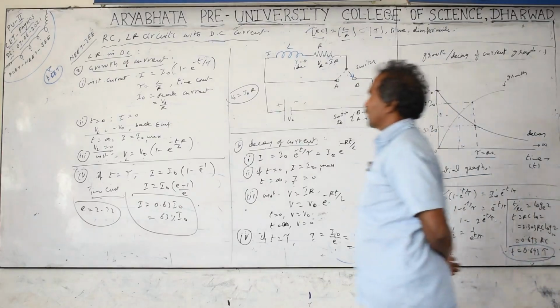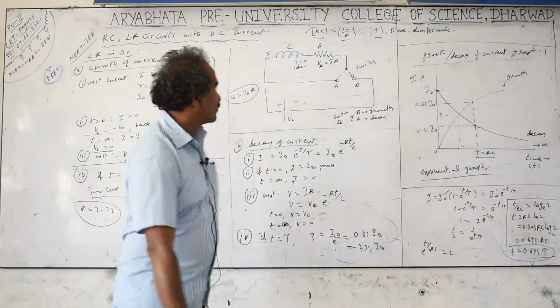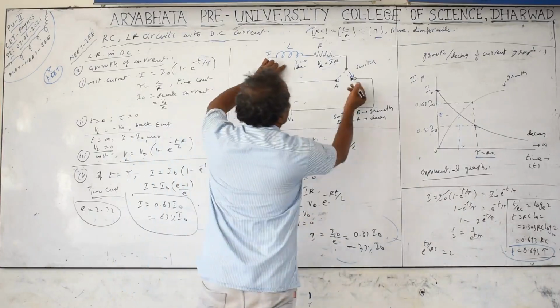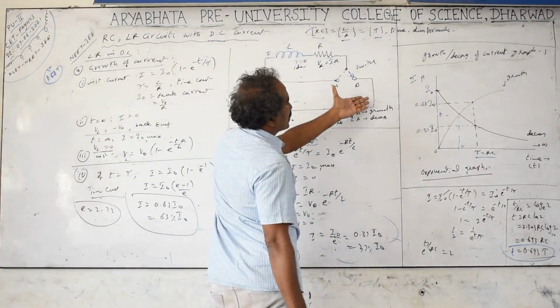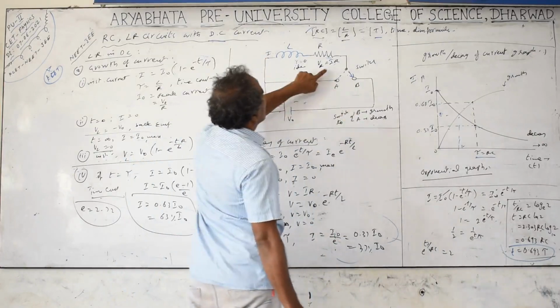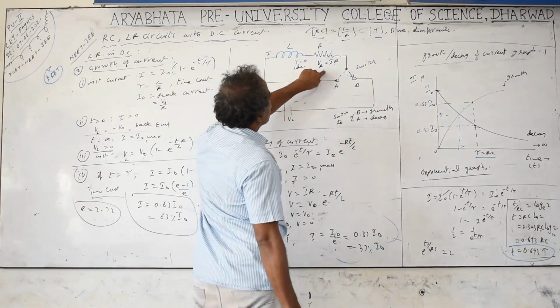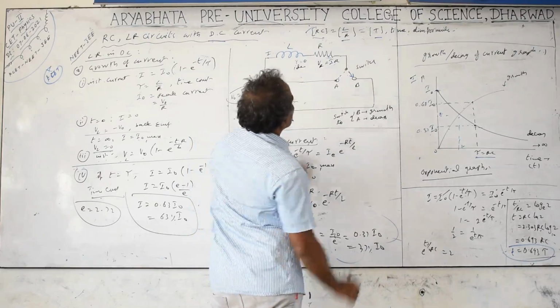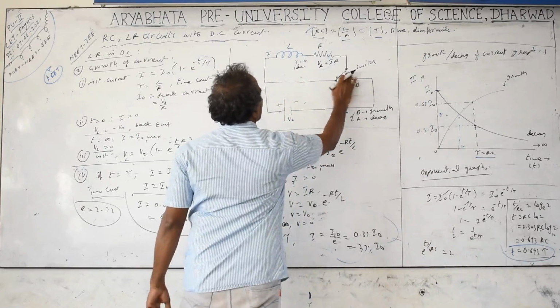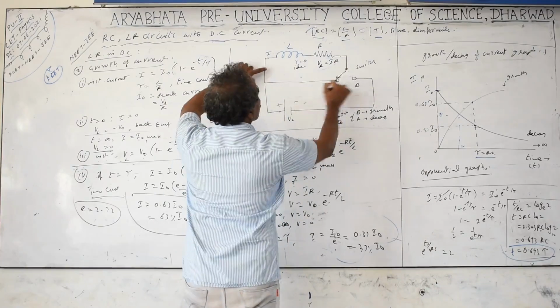Next is the decay of the current through the inductor. When the switch is connected to A, we get the decay. Previously for the capacitor it was charge, now we are talking about current. The flow of charge with time is nothing but the current relationship for the inductors. So here, when you connect to A, the inductor tries to discharge.